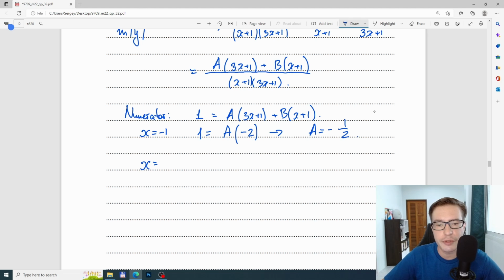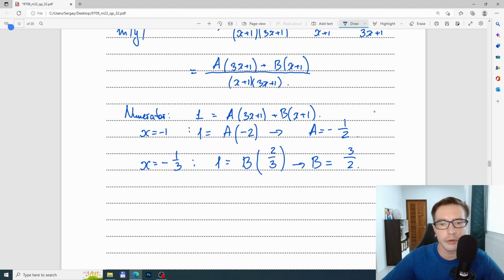Now I'm going to substitute x equals minus a third, so I can get rid of a. I will get 1 equals b times minus a third plus 1, which is 2/3. So therefore, b equals 3 over 2.